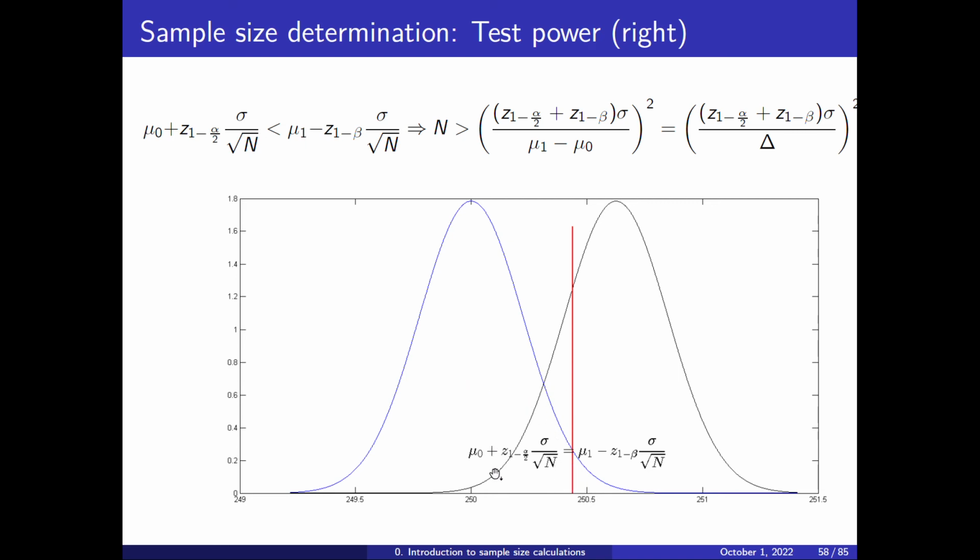So let's say that the true state of nature is that the mean is 250.66. Now you would have this uncertainty around that value.